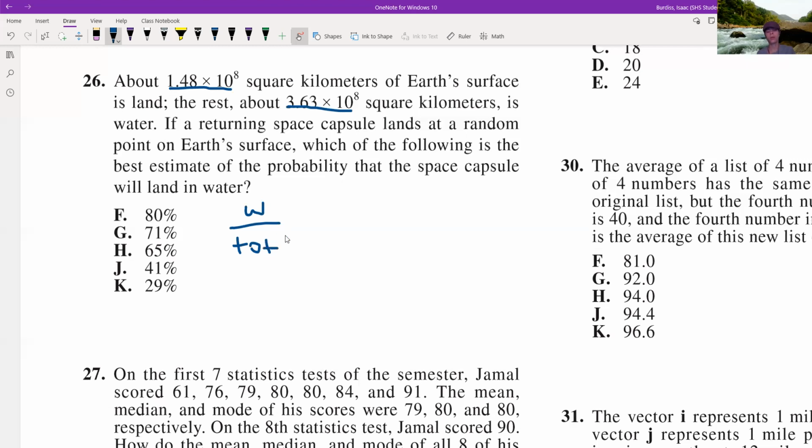The thing you're thinking about, and then the total divided by the total. So water is this. Okay, water is that. And then total is both of those two numbers that they told you combined.